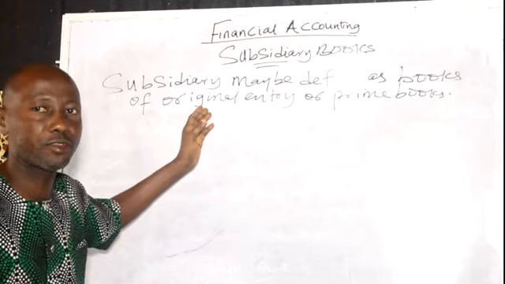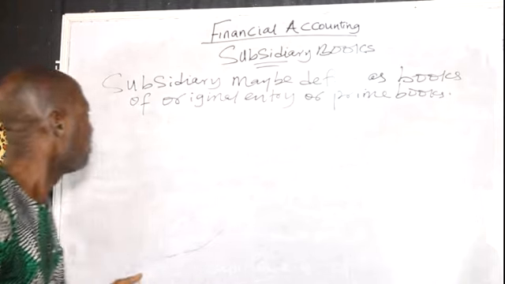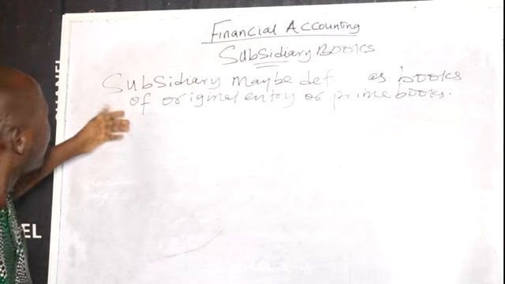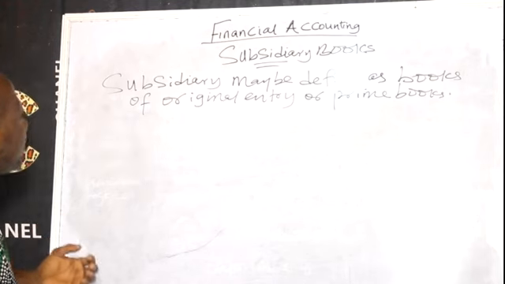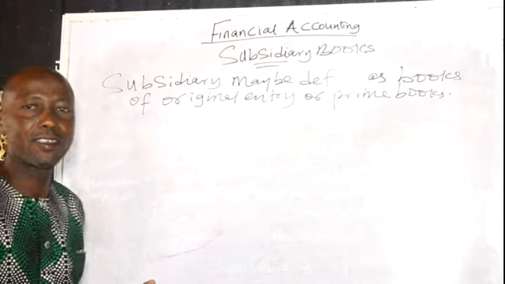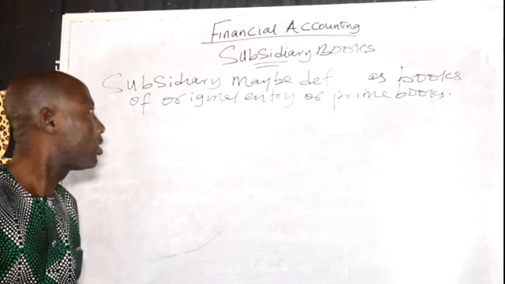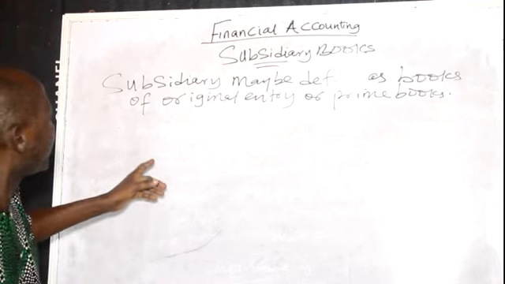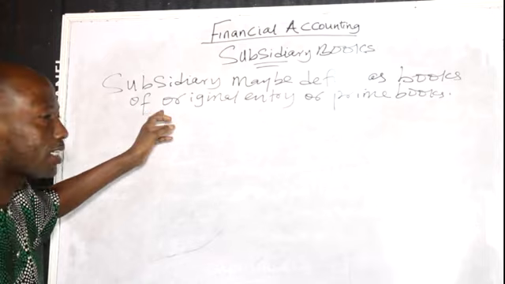business transactions. And before that, we have the source documents that we gather together to give us the entry of subsidiary book.